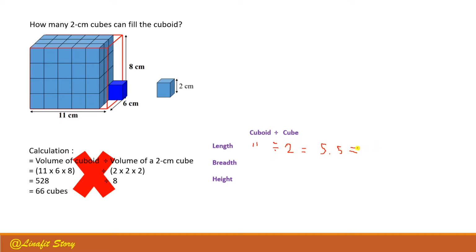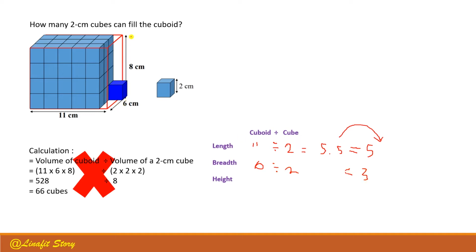Which is equal to 5. The number is rounded down. Why? Because there are gaps that cannot fit the cubes. Now the breadth. 6 divided by 2 is equal to 3.